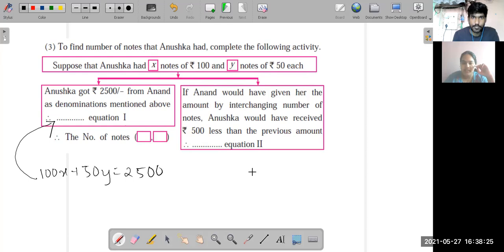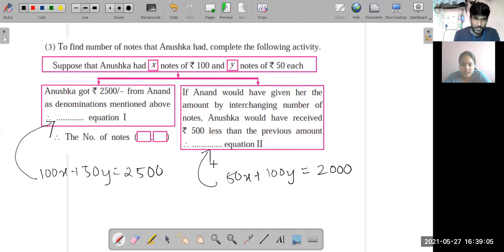I said if you interchange it, then it will become 100y plus 50x equals to, less, so minus 500. No, see, it is said 500 less than the previous amount. So the previous amount is 2500. 500 less from this, subtract 500. So how much? 2000. So this would be equal to 2000. Got it? So this will be the second equation.